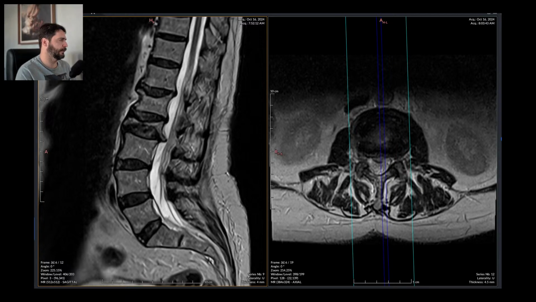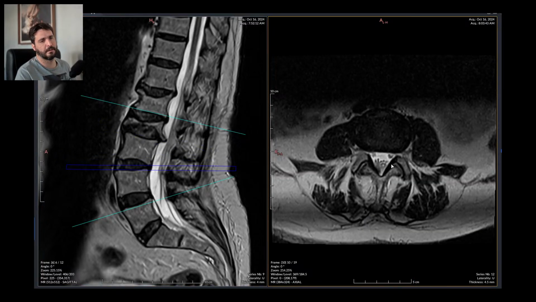Four extrusions. Right there, summarized. Severe arthrosis. Thickening of yellow ligaments, of course.